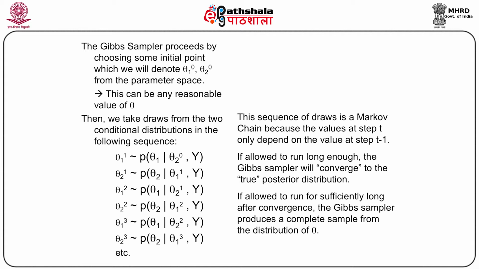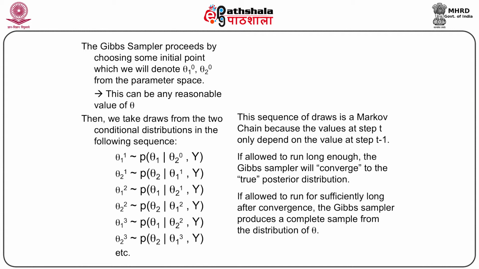Then we take draws from the two conditional distributions in the following sequence. We choose θ1 superscript 1 from θ1 given θ2 superscript 0 and y, or x. Earlier I used the notation x for the data, now we switch to y.